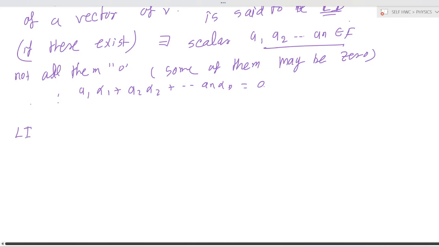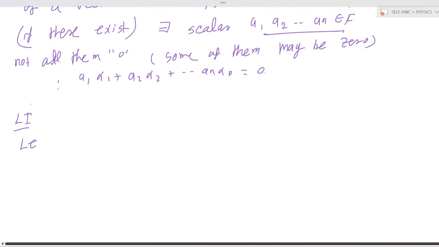Next, linearly independent. Let V(F) be a vector space.